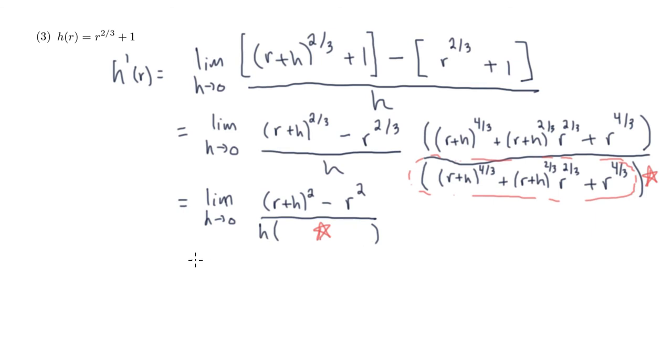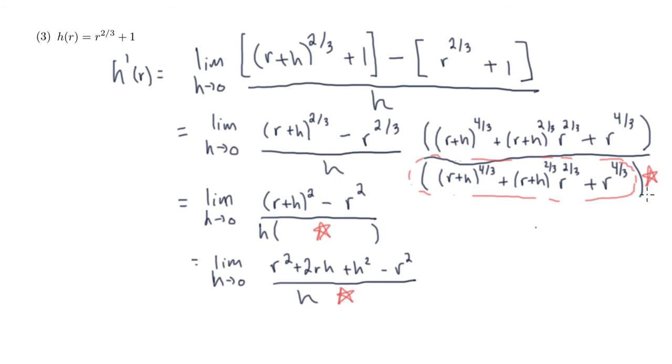So in the numerator, we have r plus h squared minus r squared. If I simplify that out, or expand this binomial, I get r squared plus 2rh plus h squared minus r squared all over h times star.